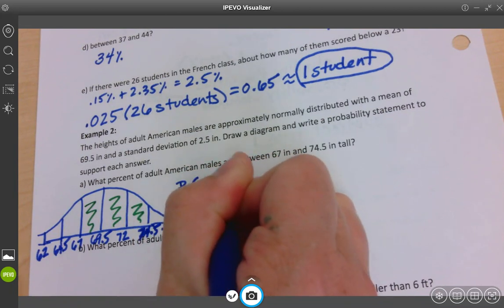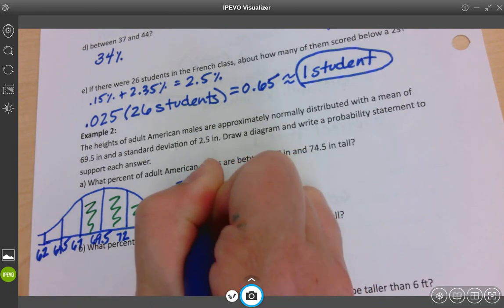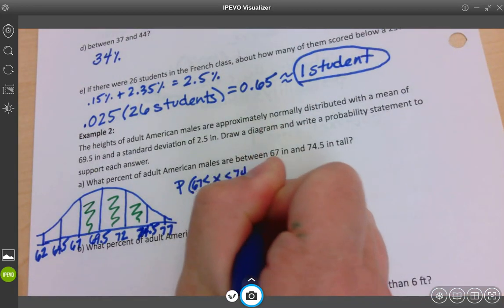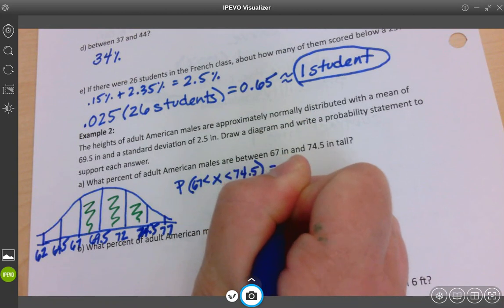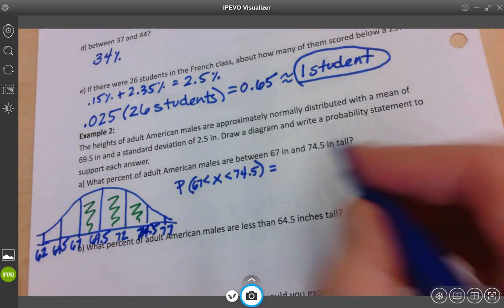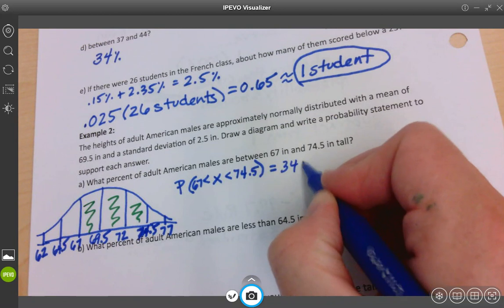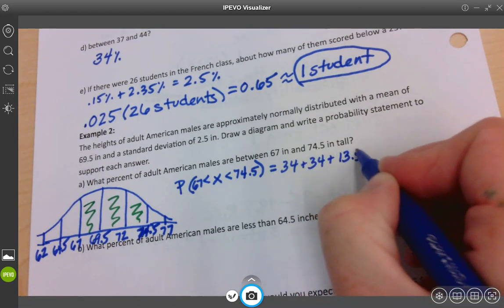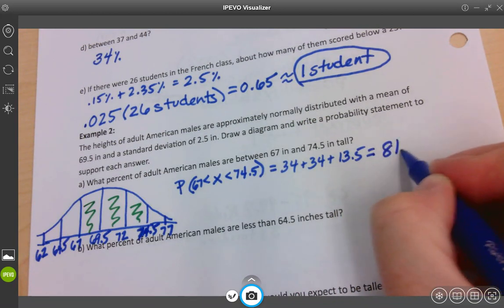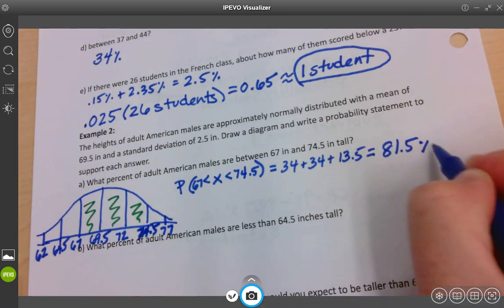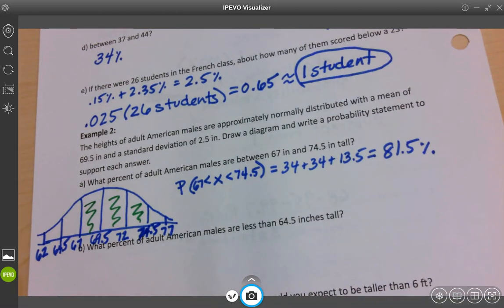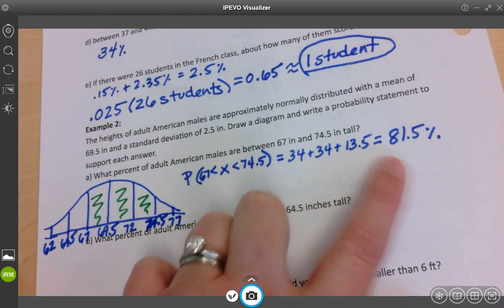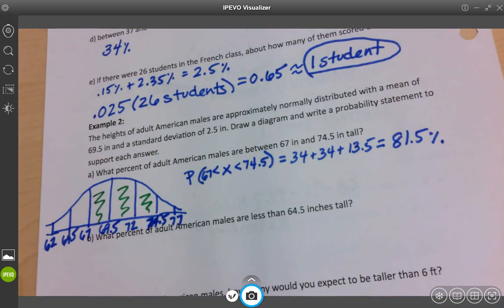Probability that X is between 67 and 74.5. And you're going to add up your percentages. So I had 34, another 34, and a 13.5. So the probability that they're between 67 and 74.5 inches, you add up your probabilities, and you get this.